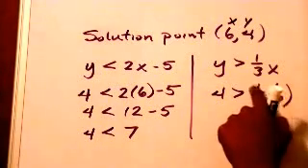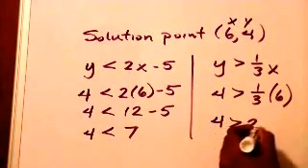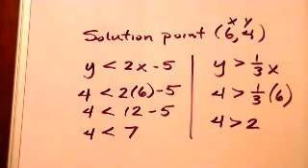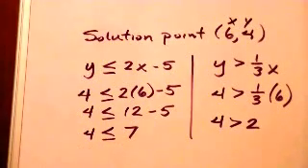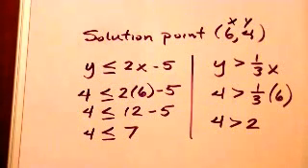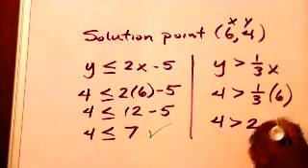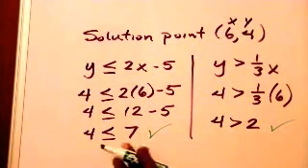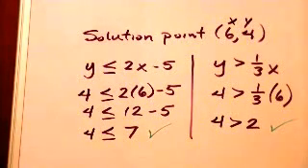Remember, 6 times 1 is 6, and 6 divided by 3 is 2. And I forgot my equal to sign on this one. Okay. So let's go through it. Is 4 less than or equal to 7? Yes, it is. Is 4 greater than 2? Because both of these check out, that's how you know this is a solution point to the system.